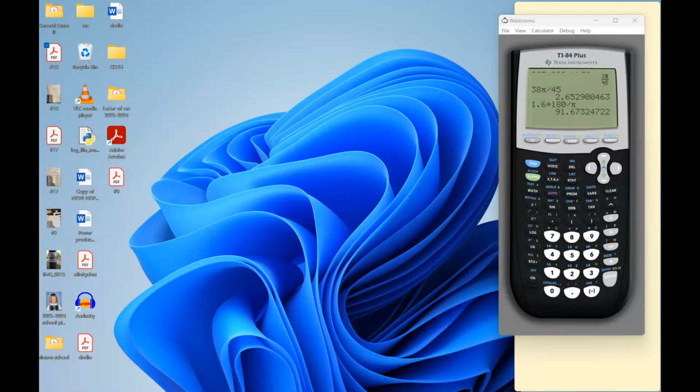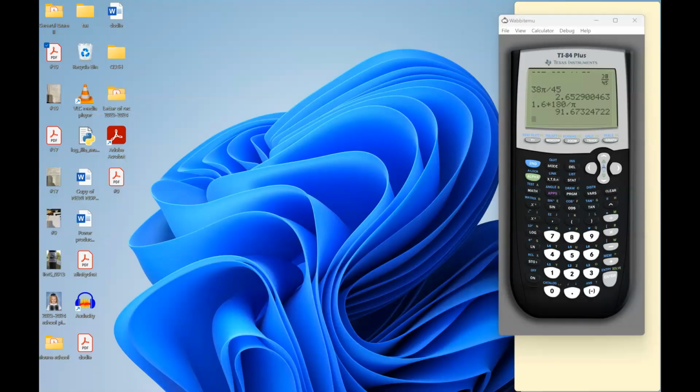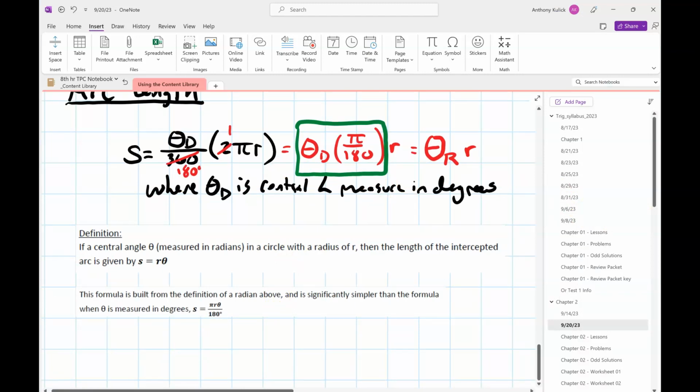And just as a reminder, that formula was based on that other form, this formula from geometry where here our theta is in degrees.